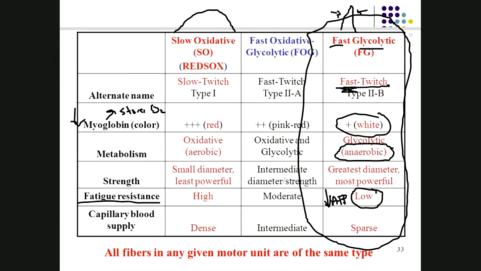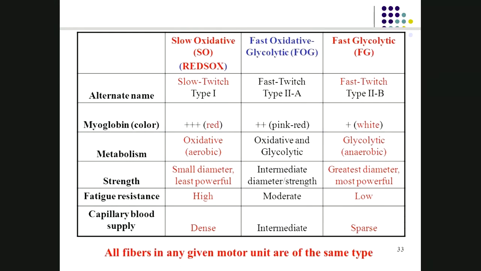They also do not have a very good blood supply, so they can't replenish their oxygen very well. But they're very fast and they're very strong. They're very powerful. And so think about the muscles that are really, really fast and also really, really strong.